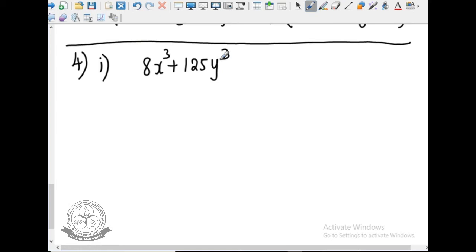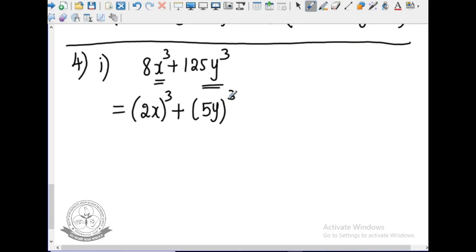Okay, so here we have a cubic formula. So x cube plus y cube, so we can use the a cube plus b cube formula. So 8 can be written in the form of cube, means it is 2x the whole cube plus 5y whole cube.